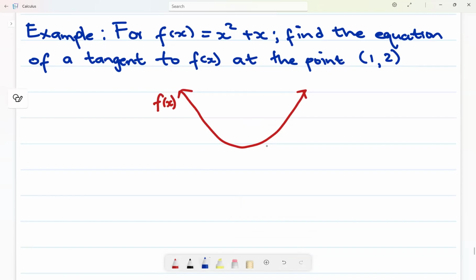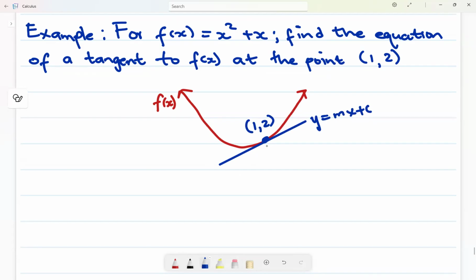So now we are told that we have a tangent to this graph, and can you see the equation of a tangent to f of x at point 1 and 2? So it means this coordinate where they meet, it is 1 and 2. So now remember we have equation of a tangent, it is mx plus c.